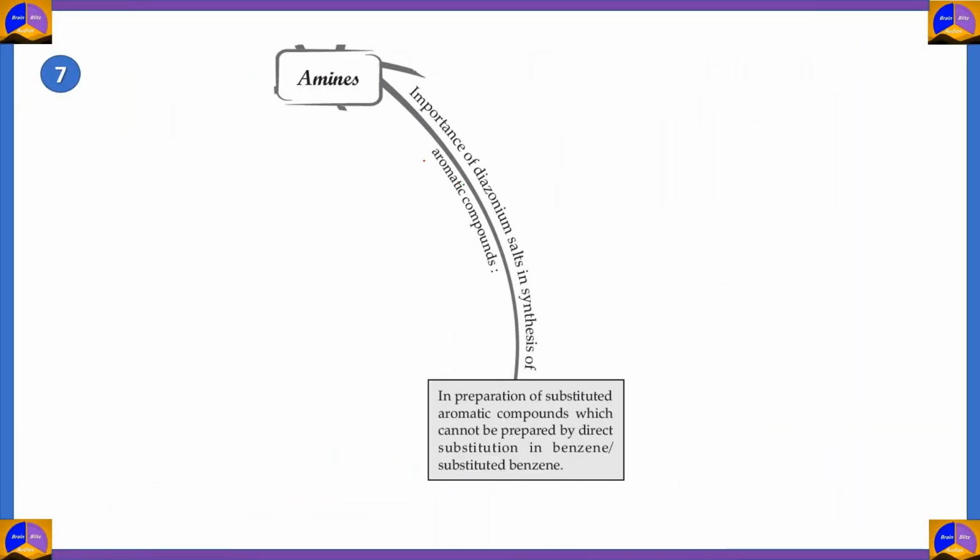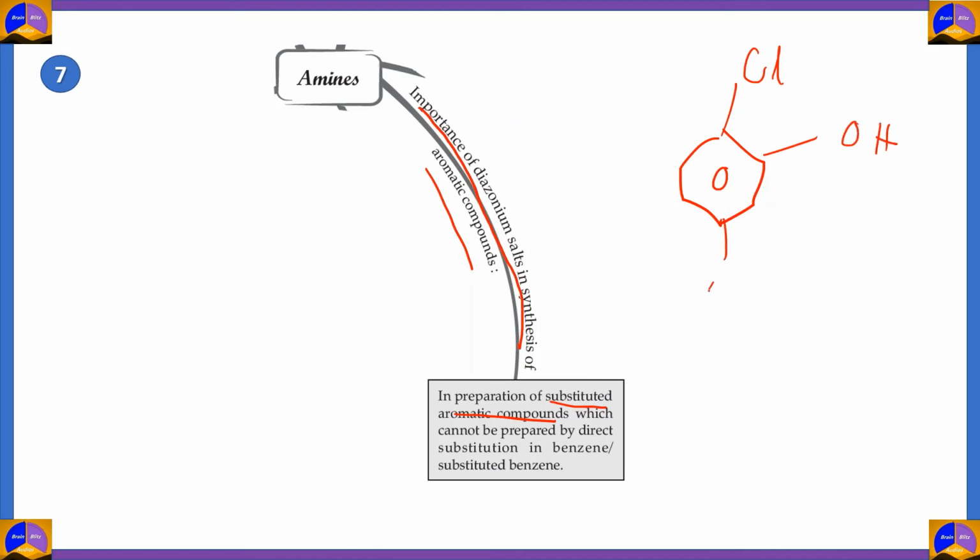And so we've come to the final part of this chapter, the importance of diazonium salts in the synthesis of aromatic compounds. When we want to prepare substituted aromatic compounds, so this is the aromatic part, and we have something substituted such as Cl or OH or NH2, etc., diazonium salts are very good intermediaries.